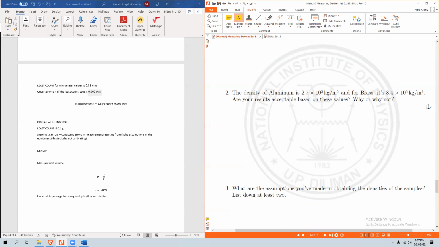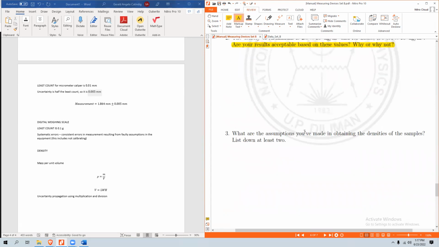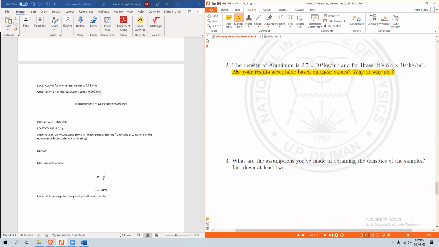So based on this, may criteria din sa first experiment kung acceptable ba ang results. So babalikan nyo rin yun. So last question, what are the assumptions you've made in obtaining the densities of the samples? So this relates dun sa question 2, kung acceptable ba or hindi ang nakuha ninyong results for the densities.